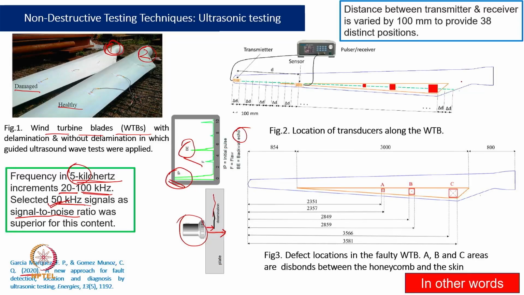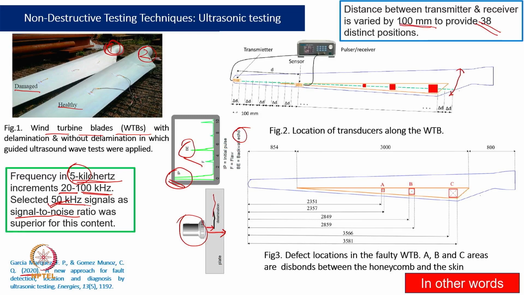Now, another thing is that this unit is very big. You can see that the width, or thickness, is much smaller compared to the length. Naturally, one sensor cannot be utilized. So, that is why they selected around 38 positions, with sensor locations at a gap of 100 mm.